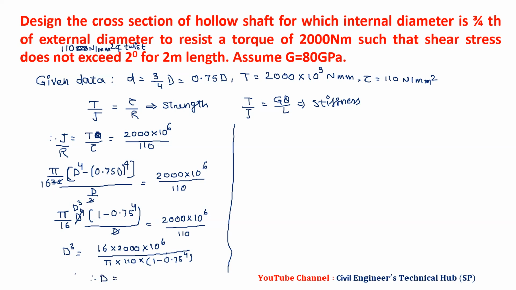So just I will calculate it. 2000 to the power 3, sorry, 2000 to the power 3 we have to consider. So I have taken 6, so this will be 3.